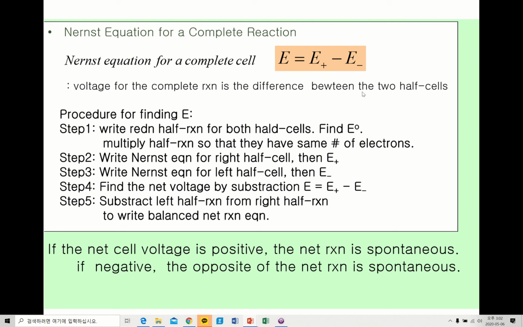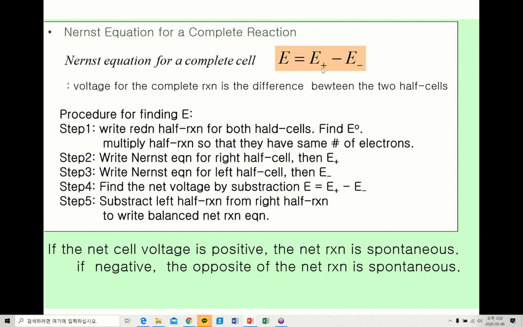So how do we calculate the cell potential using this Nernst equation? First, you have to accept this: this is the cell potential E, or electromotive force. E equals E plus minus E minus.